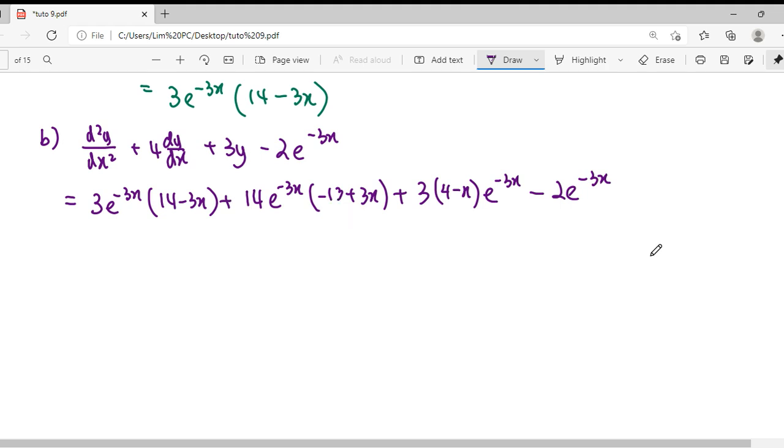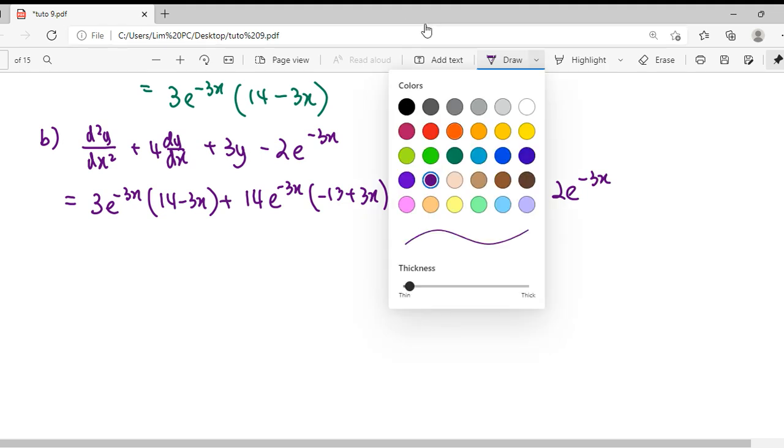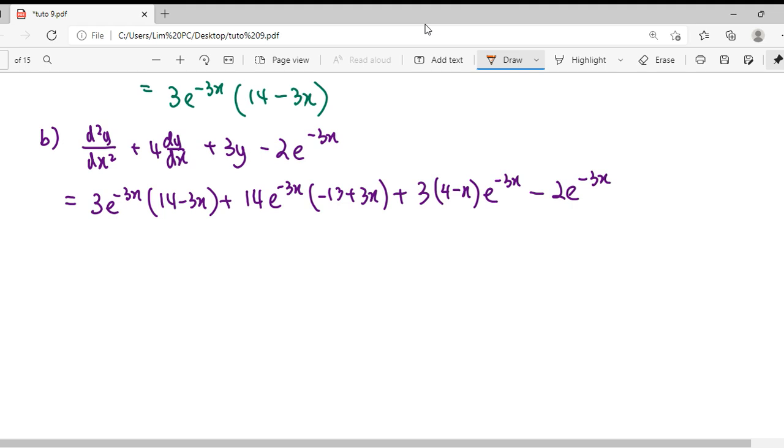So after we put in all our results, we're going to simplify. So try to train our simplification technique, factorization.